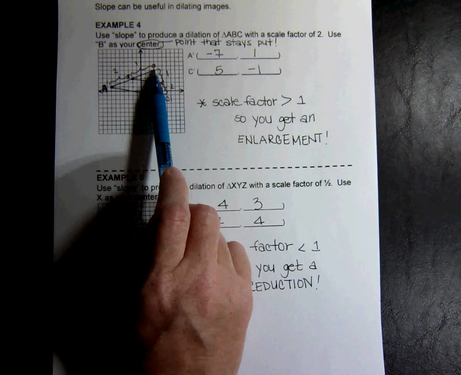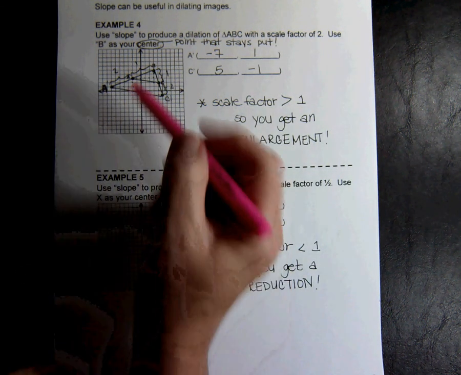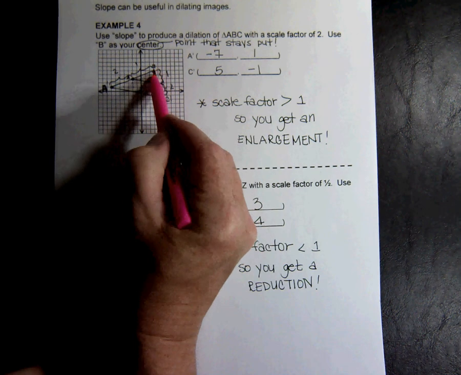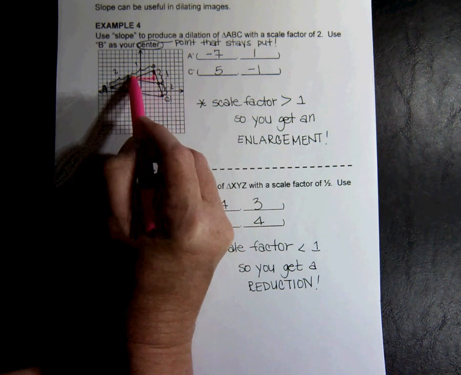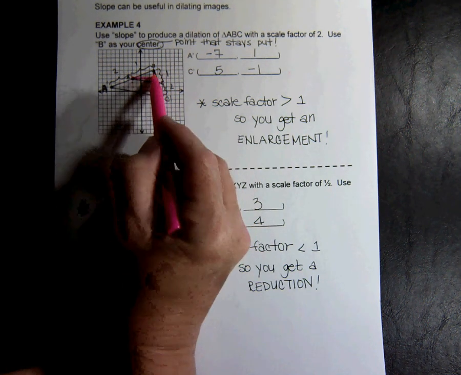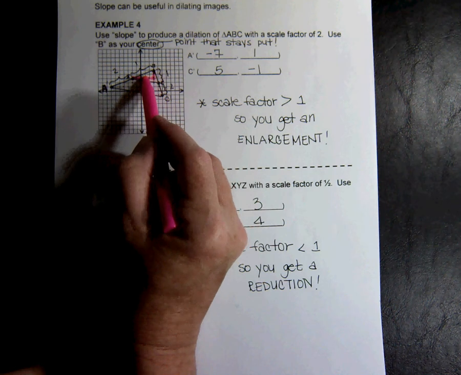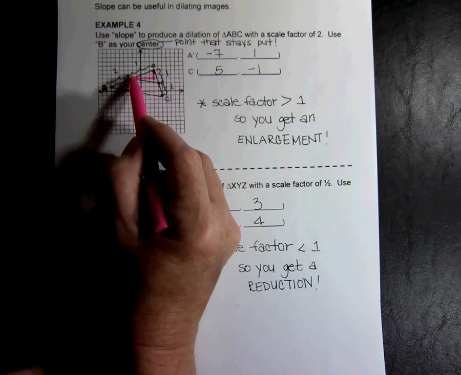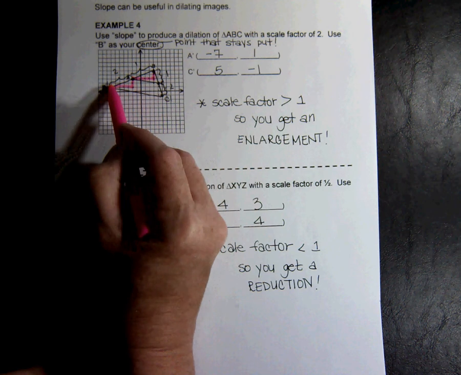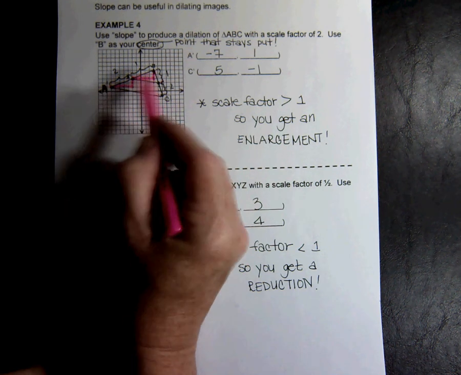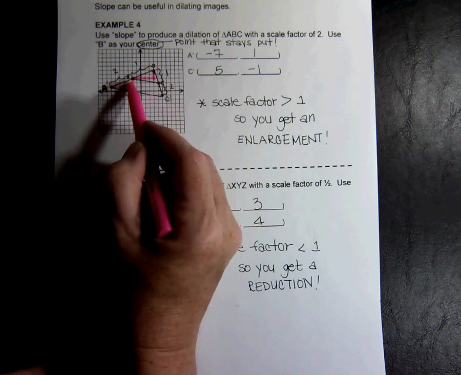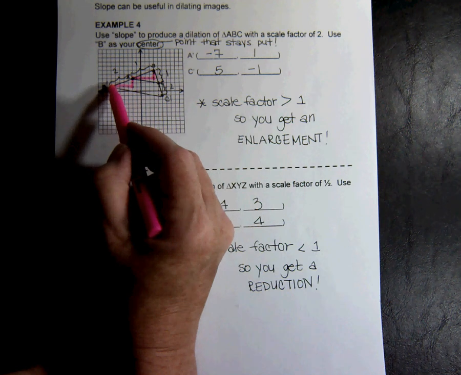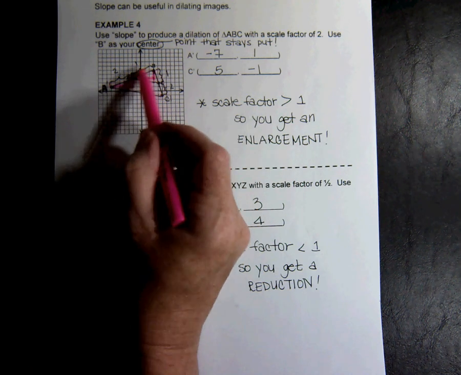If you start at B and you use the slope formula of walk down 2. How many did I walk over to get to this point? Count spaces. 1, 2, 3, 4. I'm going to go down 2 over 4 again. So I've just done the slope movement twice because the scale factor was to get 2 times bigger.